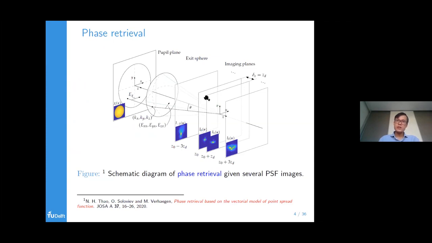An image detector is placed around the focal plane to capture the light. However, the image can only capture the intensity information of light, and the phase information is missing. So phase retrieval is to restore the phase information of light.